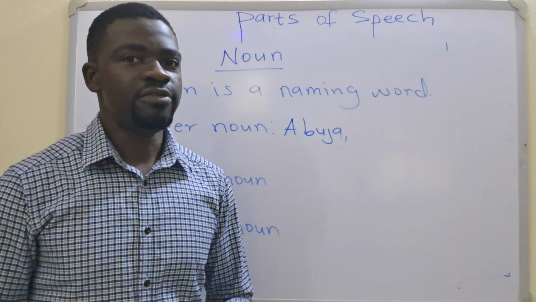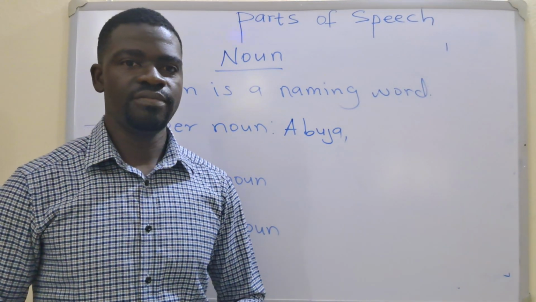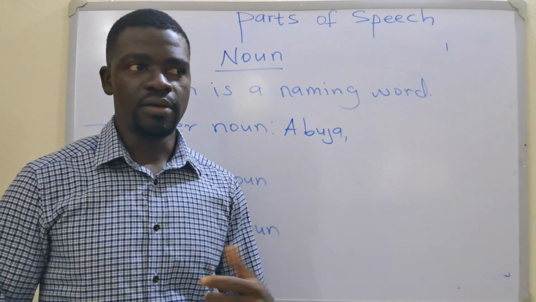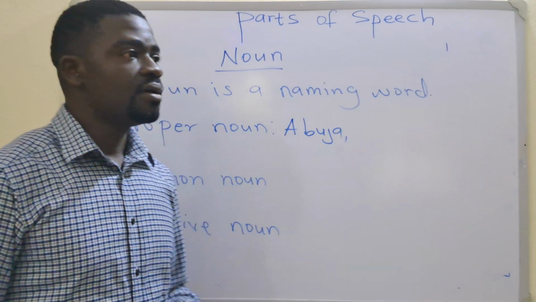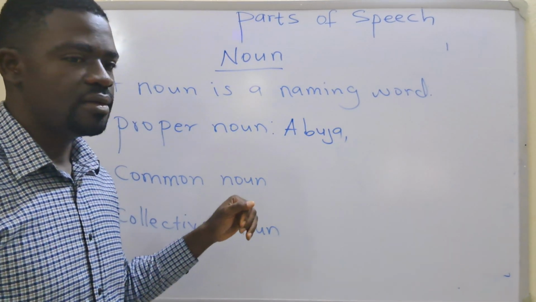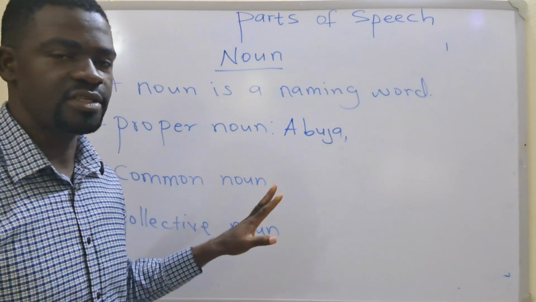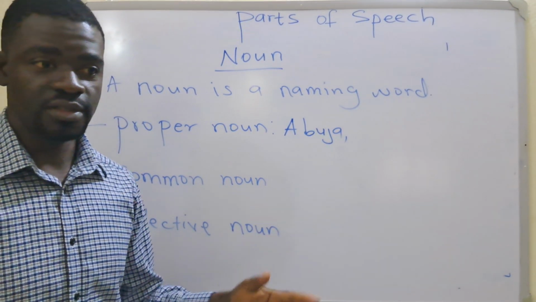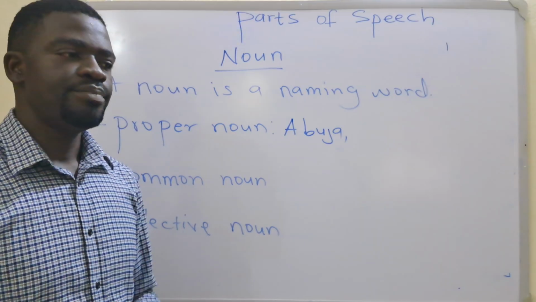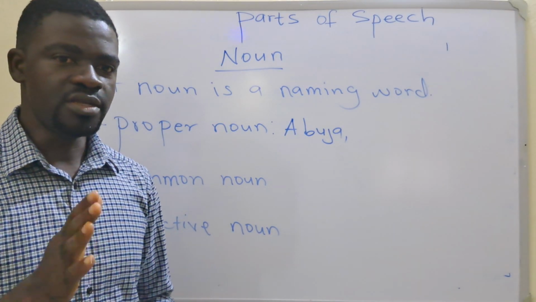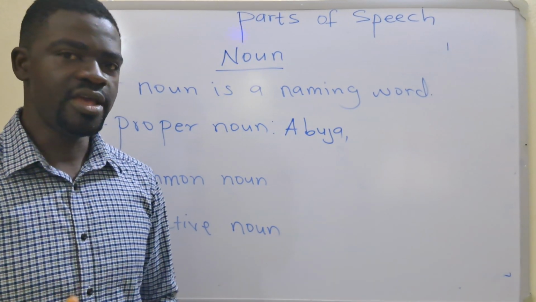You also have rivers, right? You can say River Benue, River Niger, River Nile. These are proper nouns because they are names given to particular rivers. Oceans. Yeah, there are many oceans in the world, and these oceans are known by their names.